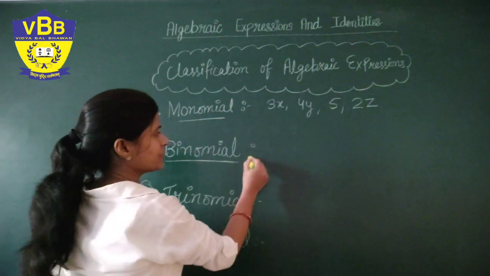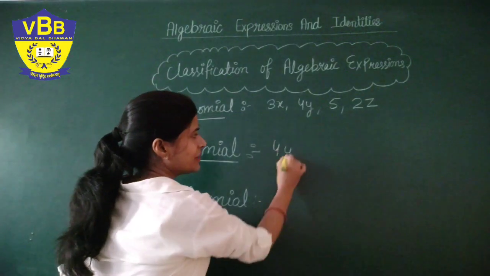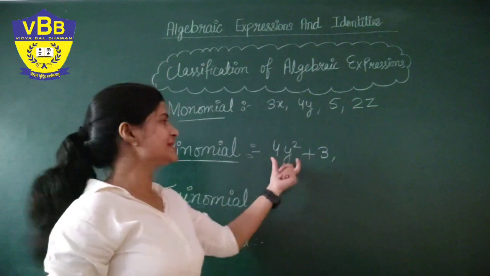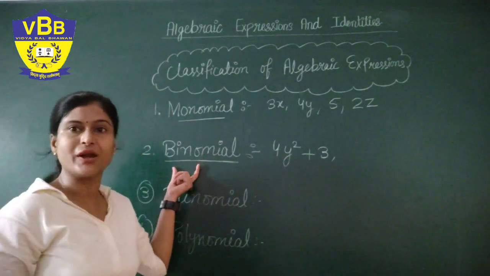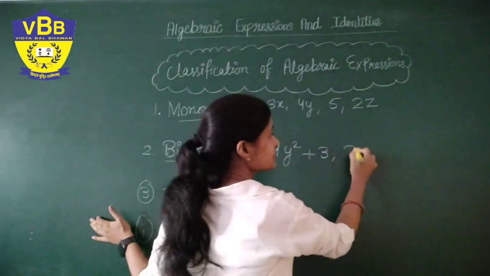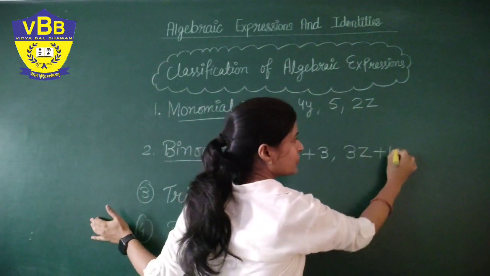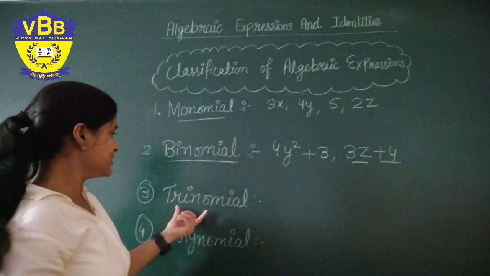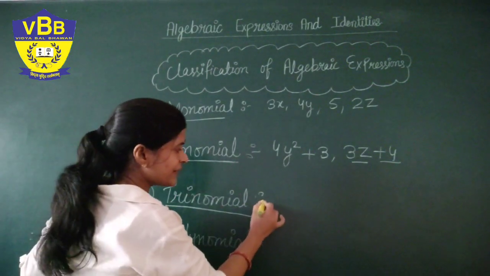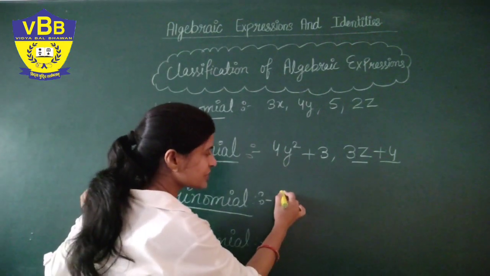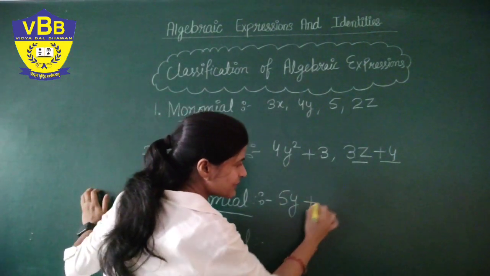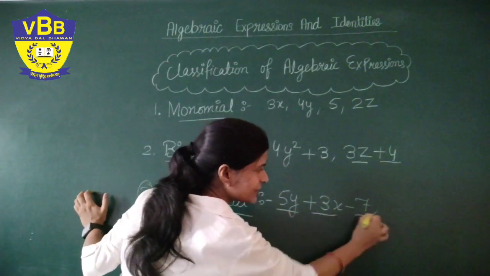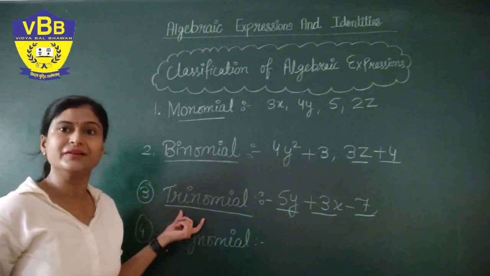Second one, binomial. If an expression has two terms, then it is called binomial, for example 3z plus 4. Because they have two terms, they are called binomial. Trinomial: if an algebraic expression has three terms, like 4y plus 3x minus 7, because they have three terms, this is called trinomial.